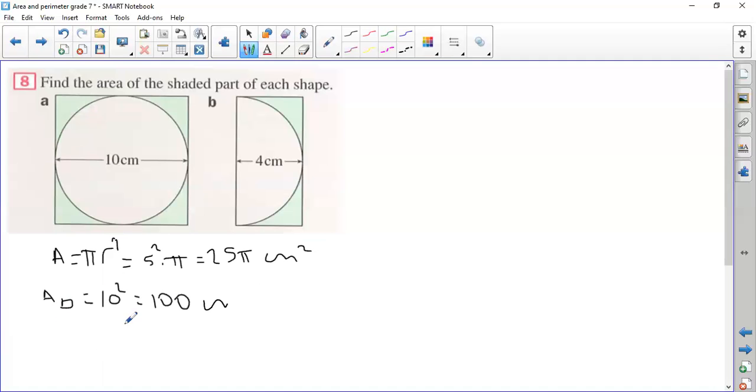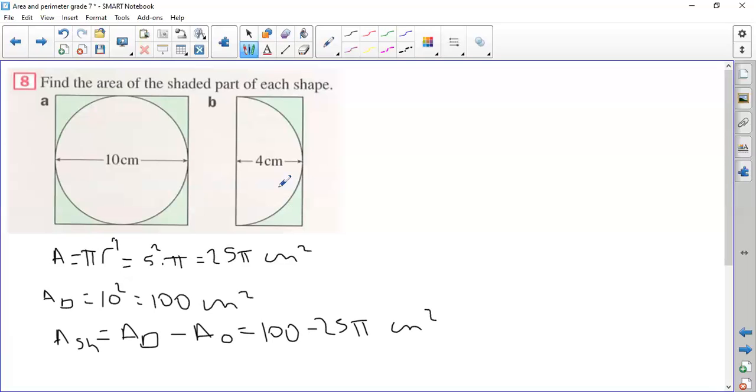So the area of the shaded part is area of the square minus area of the circle. So it is 100 minus 25 pi centimeter squared. In this way we have found the area of the shaded region.